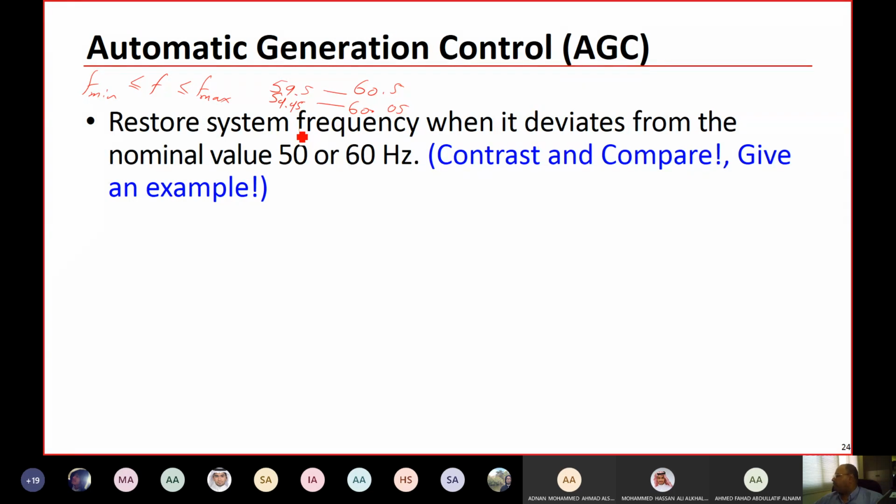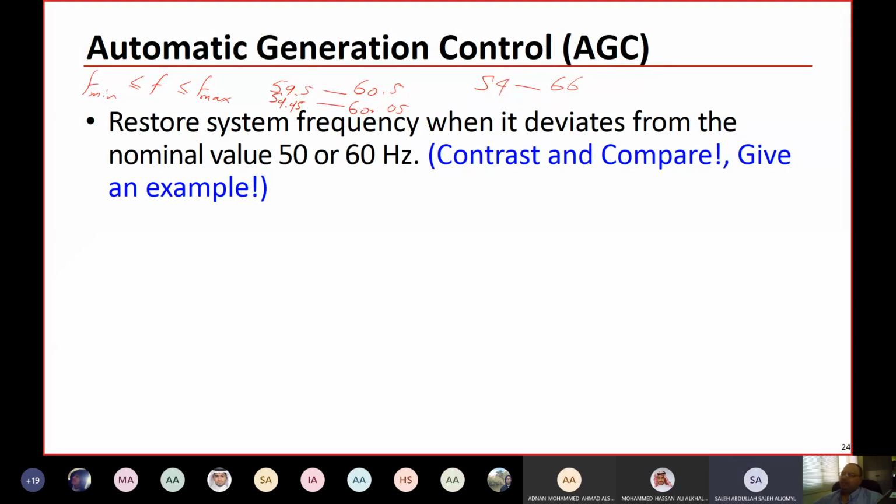Mohamed Hassan. Yes, 10%, I think. 10%, 6 hertz. Yeah, 6 hertz. You are taking 54 to 66. Okay, Saleh Abdullah. Yes, 10%.